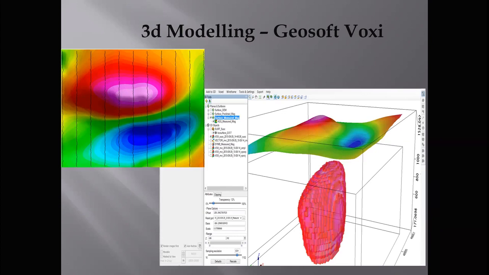So what it does is it puts a volume beneath the survey in the Earth, and it has millions and millions of little cubes, and it gives each cube a magnetic susceptibility. And it says, okay, how do I have to vary the magnetic susceptibility of each and every cube in this volume of space beneath the survey until I've got a closed volumetric area that on its own, when I clip it down to the highest magnetic susceptibility values, will explain that magnetic anomaly.